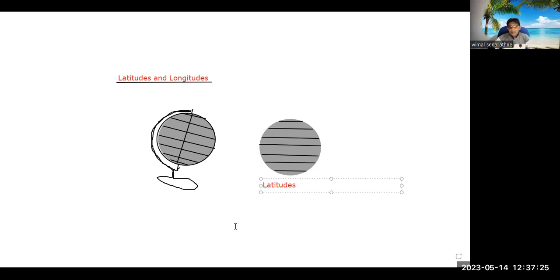And other lines are spreading between North Pole and South Pole, in this way, right?